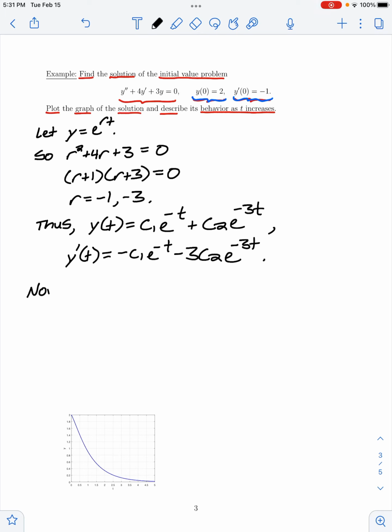And now we can apply our initial conditions. Y at time 0 would be c1 plus c2, which I was told has to be 2, and y prime at time 0 is negative c1 minus 3c2, which I was told has to be negative 1.